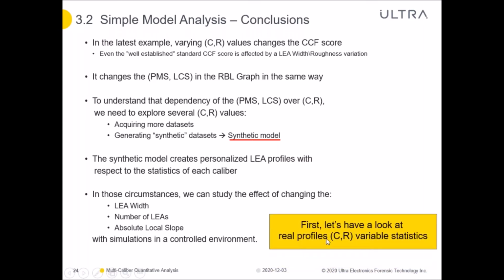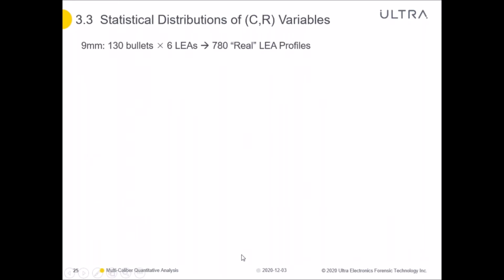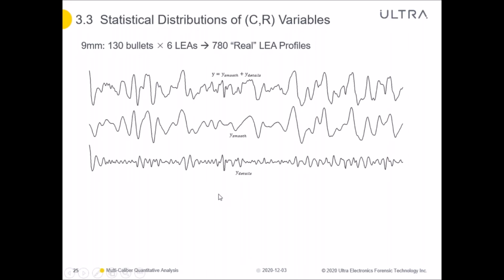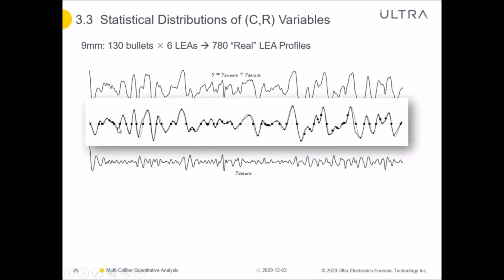But first, let's have a look at real profiles' CNR variable statistics. Of course, we use our reference data sets, where we have access to 130 bullets with 6 leads. That gives me nearly 800 real lead profiles. For each of those profiles, we split them into 2 levels of resolution, Y smooth and Y detail. If we focus on Y smooth, we can extract a series of relevant points, and we can do statistics with the relative position of those points.